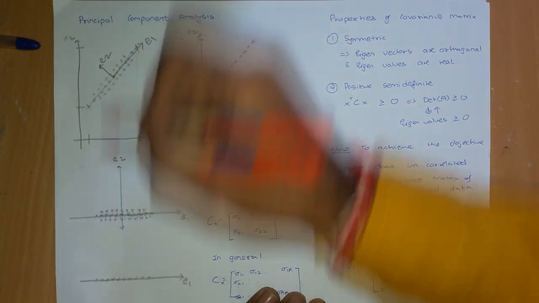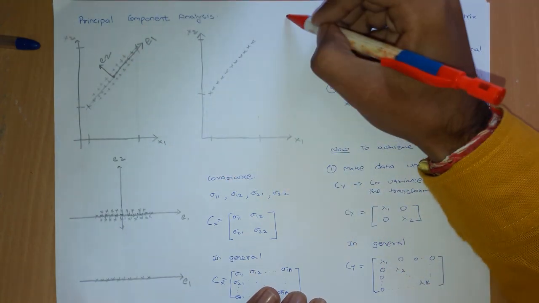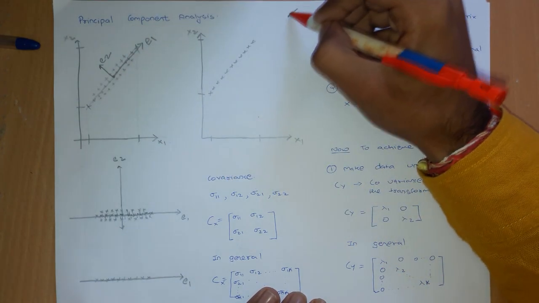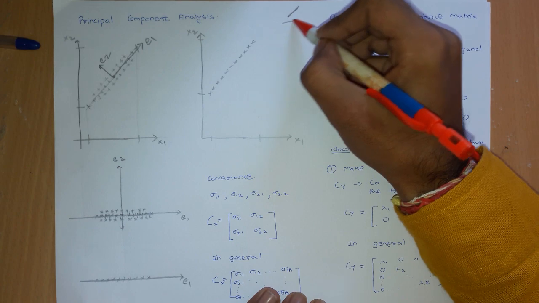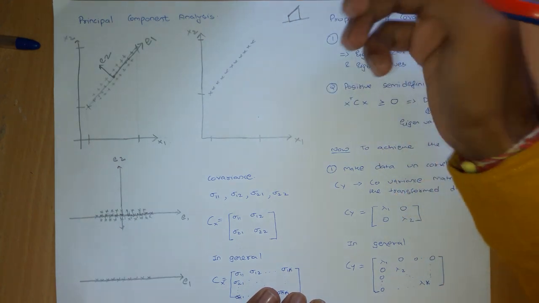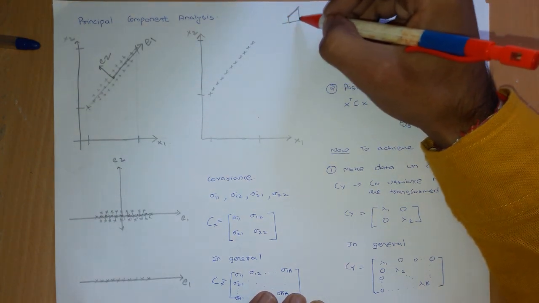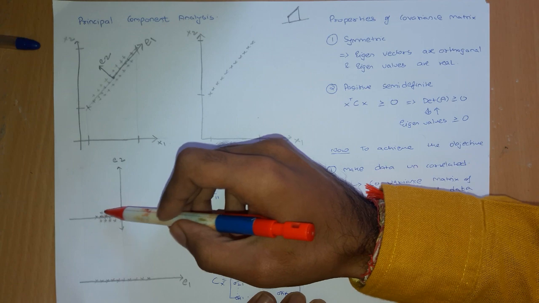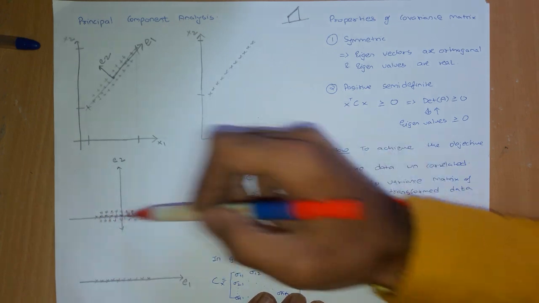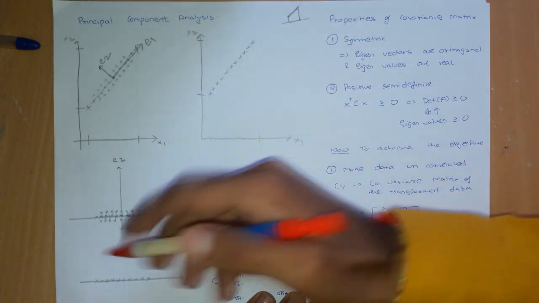So now all this data I am projecting over here. If there is a slant line like this, I can project the line like this. This is what we have done in vectors, the projection of a line. Similarly, I am projecting all these points on the e1 axis, and then I am just going to remove the e2 axis.